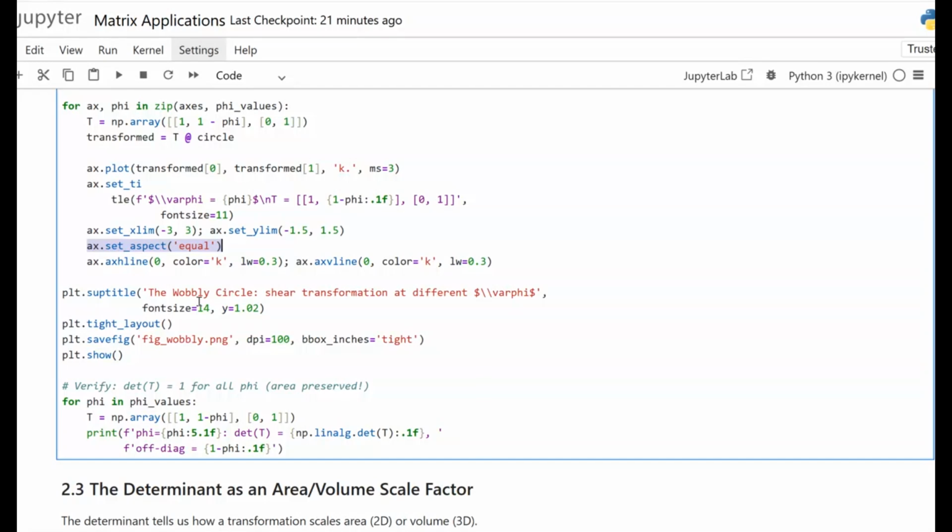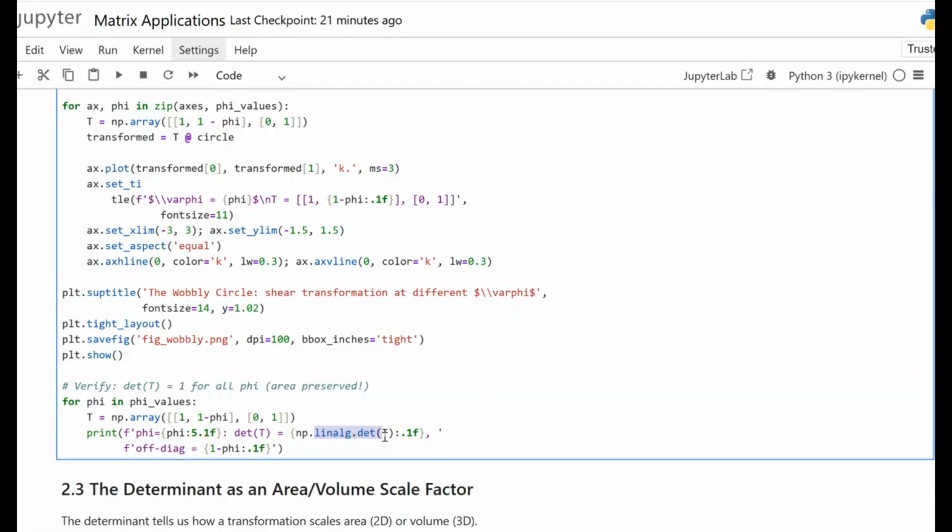And kindly observe, there is one important functionality I have to specify here, dear friends. This one is to check the determinant, whether the area is preserved or not.